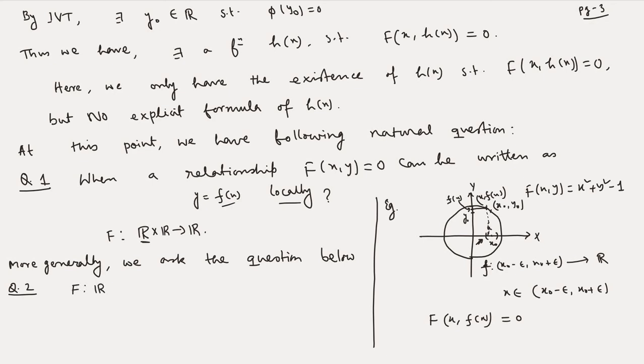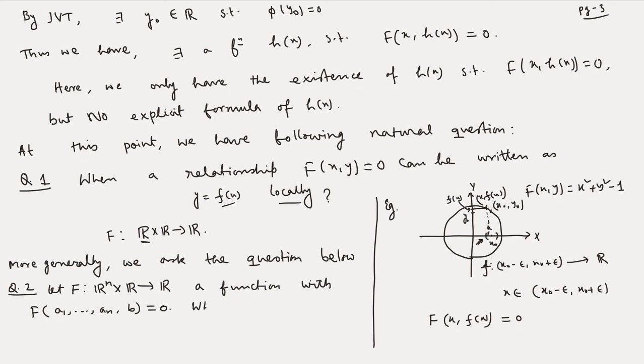Let F from Rn cross R to R be a function with F of a1 and so on an, this is a point in Rn, comma some b, b is real, this is equal to 0.